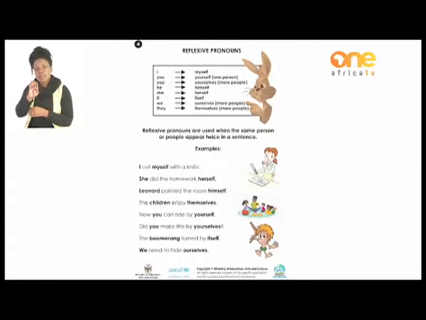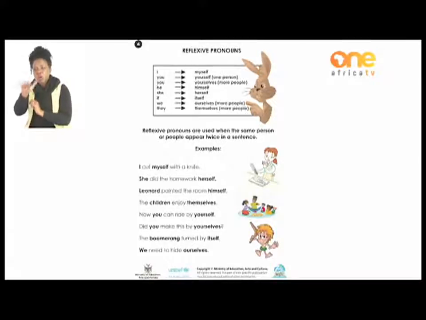All right, now, the examples in the box are I. I is a personal pronoun. So when you refer it to a reflexive pronoun, it becomes myself. You. You can be one person, or when we are referring to more people. So if it's one person, it has to be yourself.